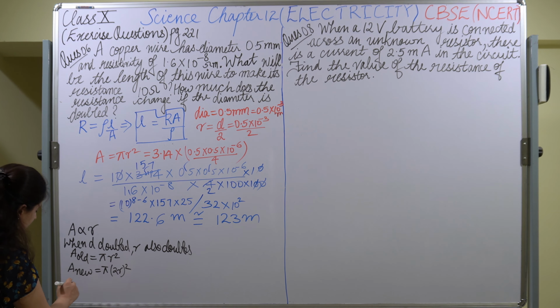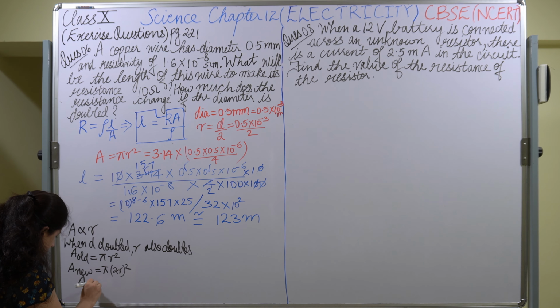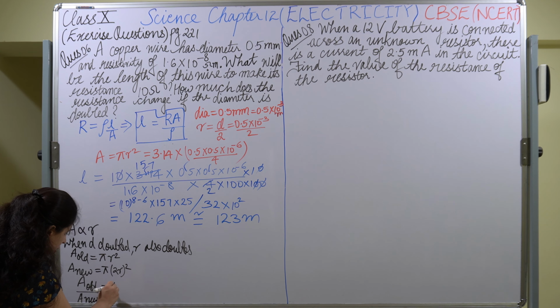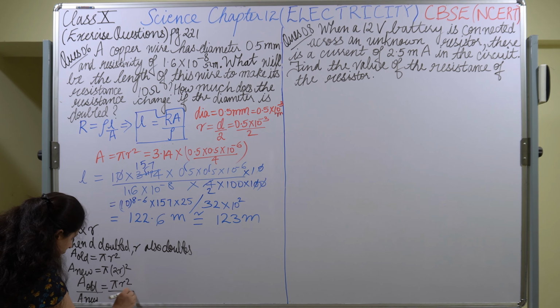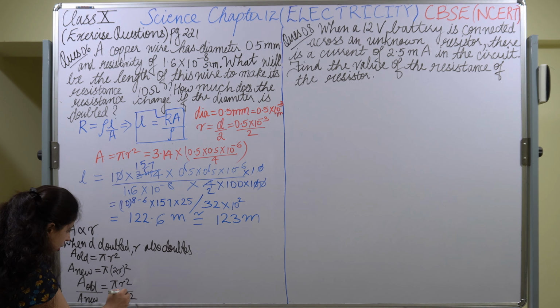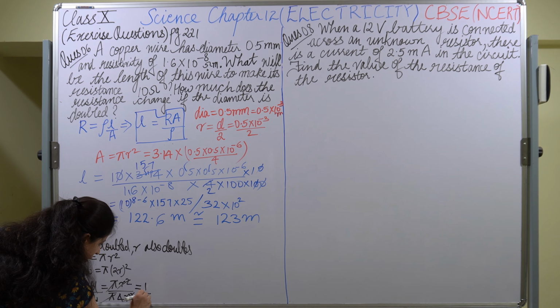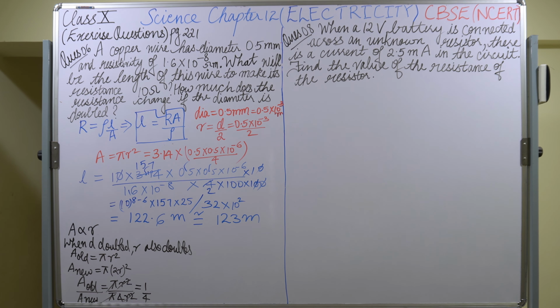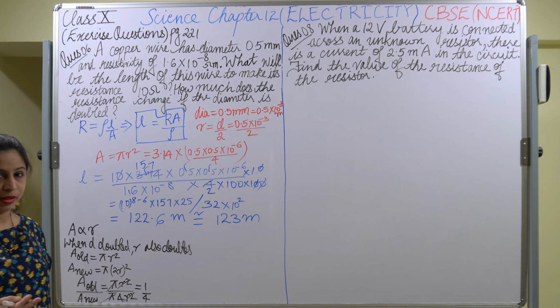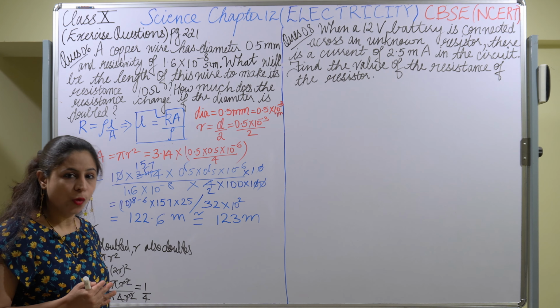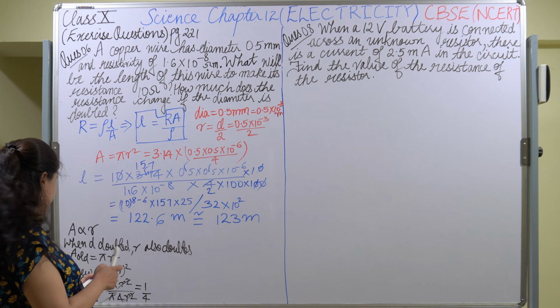So after dividing, A old upon A new, we get pi r square upon pi 4r square. The r square gets cancelled, pi gets cancelled, and we are left with 1 upon 4. So we can say that the new area is equal to 4 times the old area.